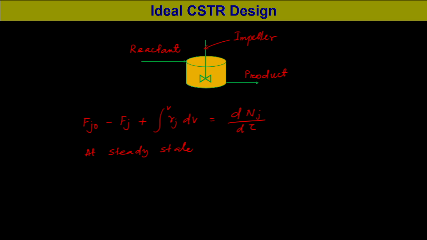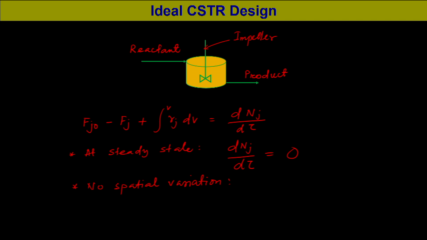So, at steady state we can write dN j d tau is equal to 0, and this holds if there is no spatial variation, that means it will not change with position.